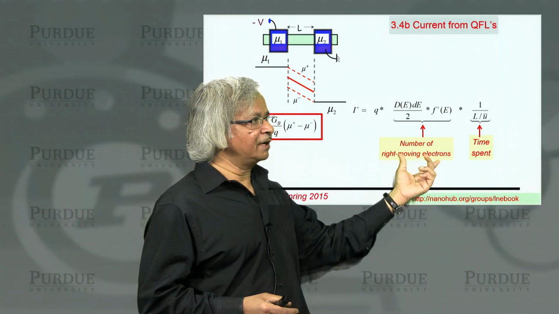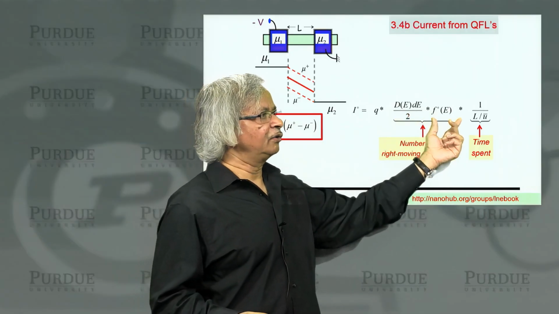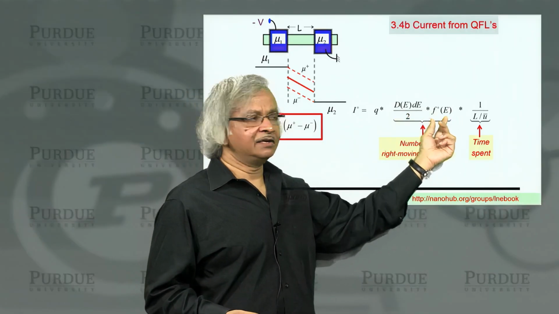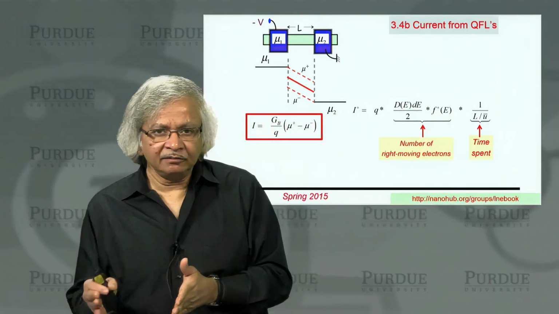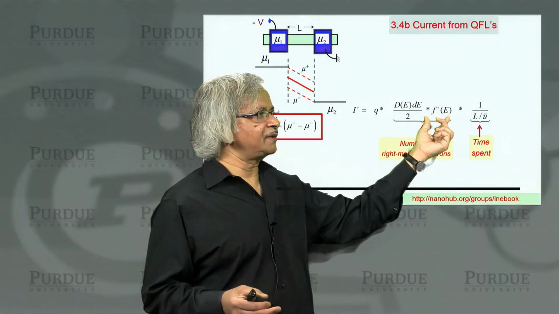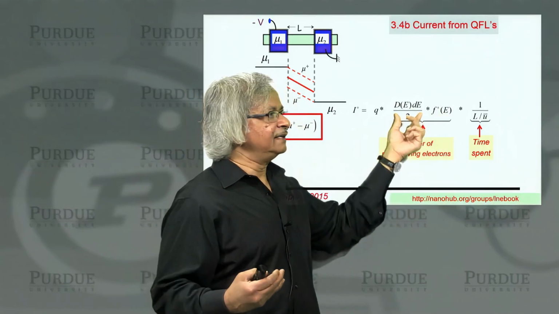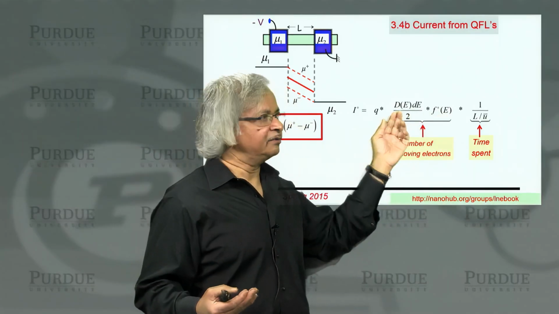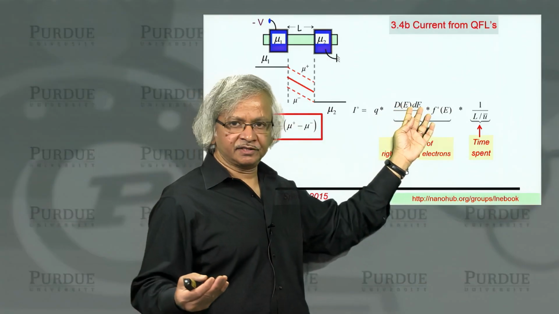Well, what's the number? First look at how many states there are, and then look at whether they are occupied or empty. So this F plus is kind of like a Fermi function, but it just describes the occupation of the right moving states. And these are how many states there are, which is the density of states times the energy range of interest.